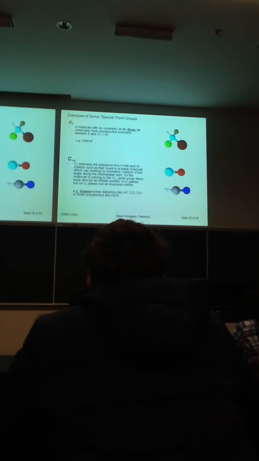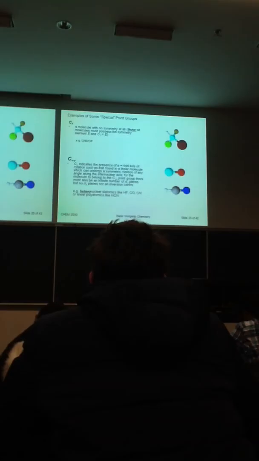C infinity because along that axis, it's being drawn horizontal here, but the principal axis would actually be vertical. We could denote that as a C infinity axis because you can go through any angle or any fraction of an angle, and it doesn't change the molecule.